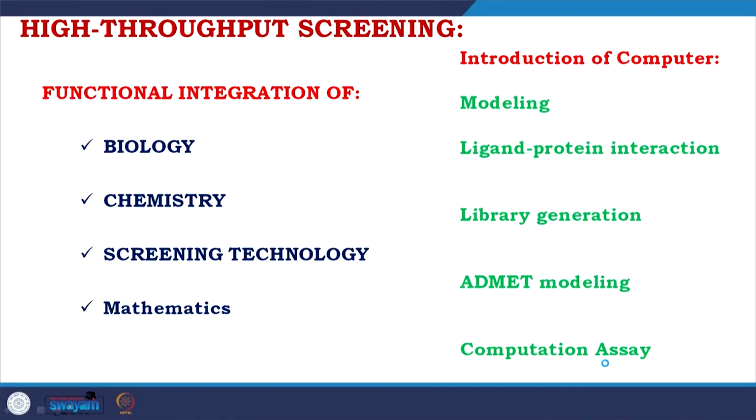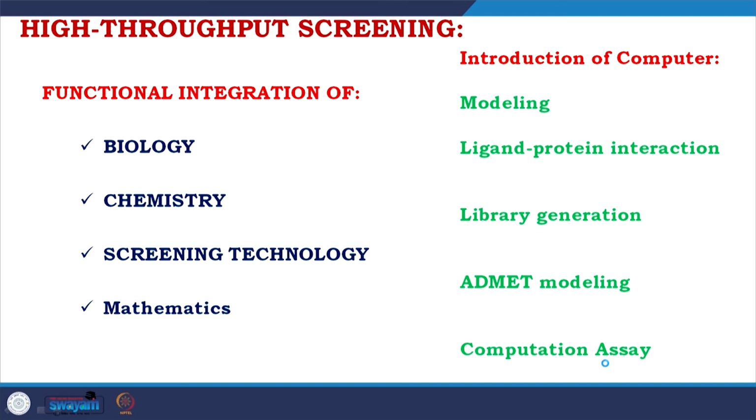So, it needs definitely the functional integration of biology, chemistry, screening technology and mathematics, but it needs more importantly the introduction of computer like modeling, like ligand protein interaction, like novel library generation, like ADMET modeling.